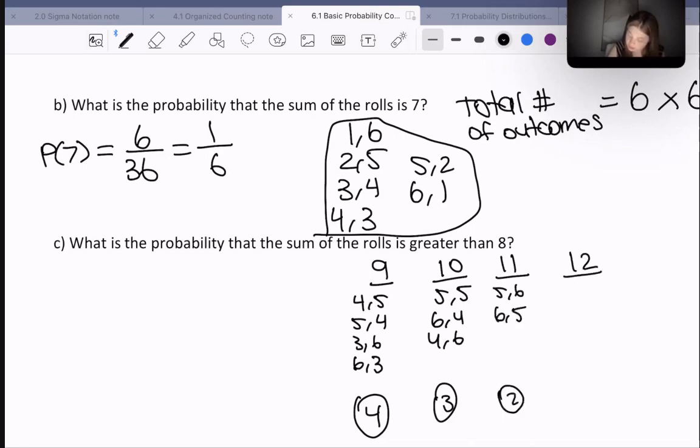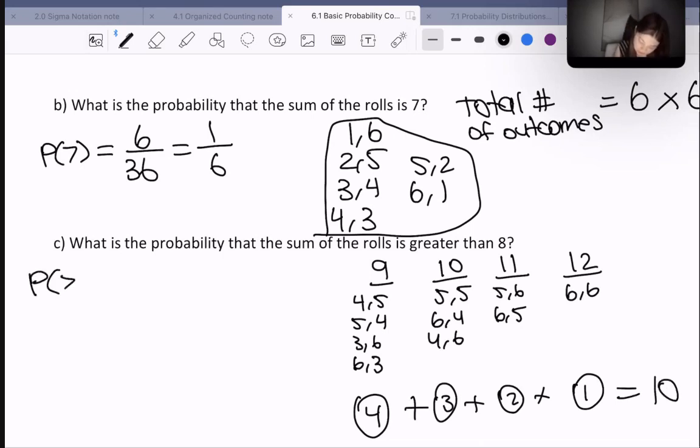Or 12, which is just 6 and 6, so that's only one way. So if we add up all those ways, that is going to be 10 ways total. So the probability of greater than 8 is equal to 10 over 36, which is going to be 5 over 18. So that's going to be our answer for our probability.